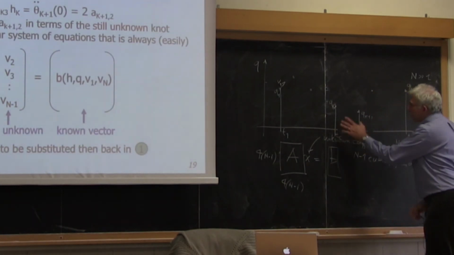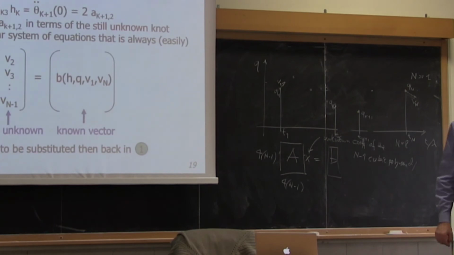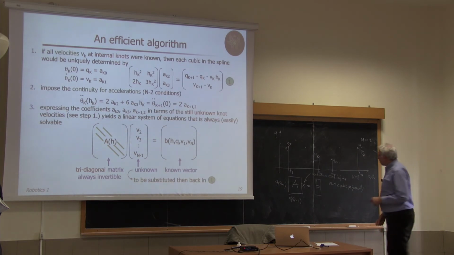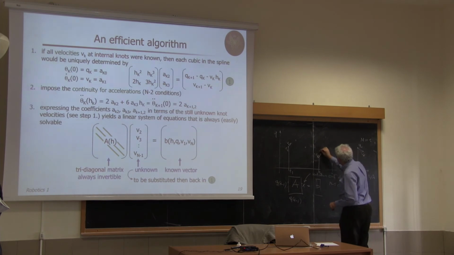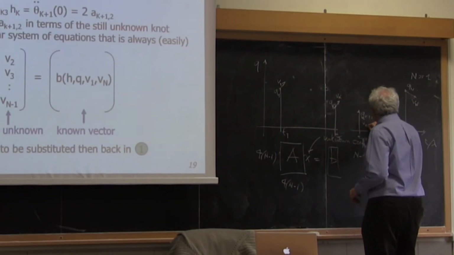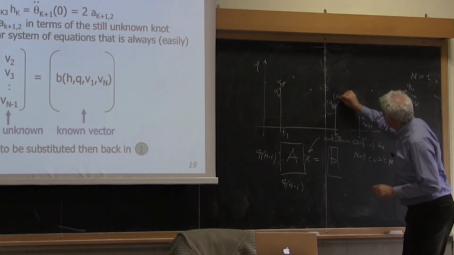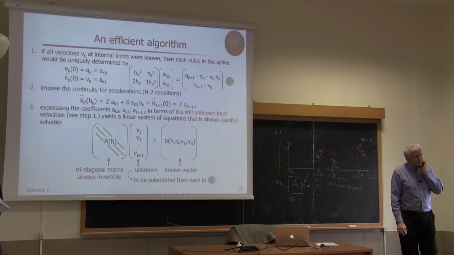Okay, now I look at the generic cubic. And pay attention, if the problem was slightly different, the problem was to go through these n knots, and at each knot I also specify the velocity that you should have. So suppose that the velocities at the knots are specified. For instance, here I should start from here and go there. So this is Vk, and this is Vk plus 1. Okay, so for the moment, let's put it in parentheses. So this is not given, but suppose that they were given.